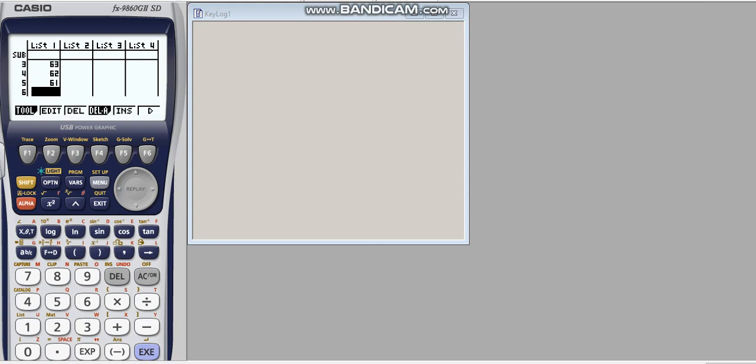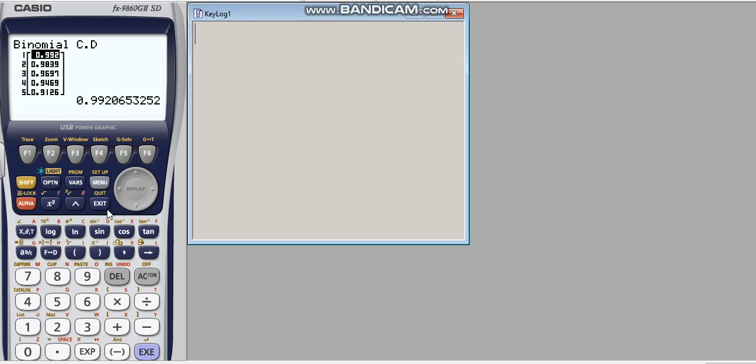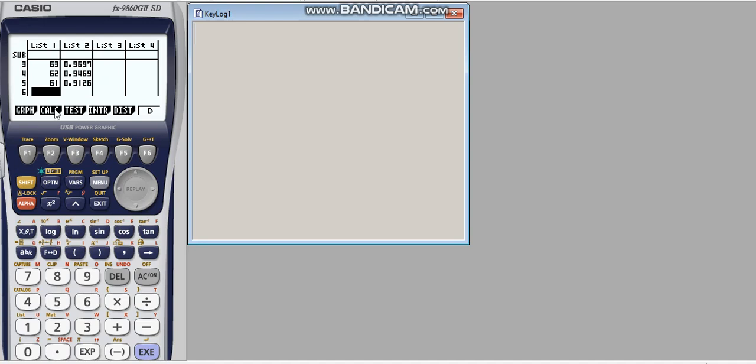So we said we were going to look at 65 and around 65, so I've gone 65 down to 61. We're going to go back to our distribution, binomial and cumulative. Okay, so just double check, everything's in list 1, number of trials is 80, P is 0.7, and answers are in list 2. Remember, I'm going to exit to get to the list.